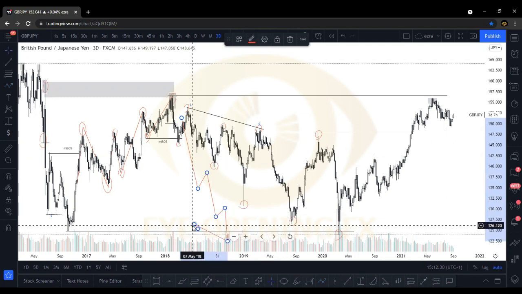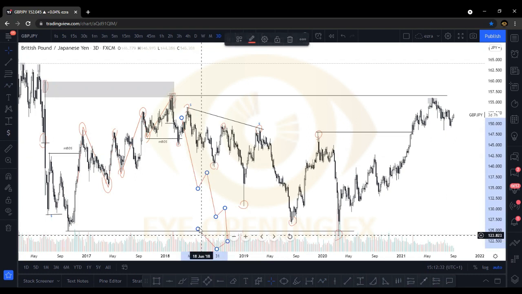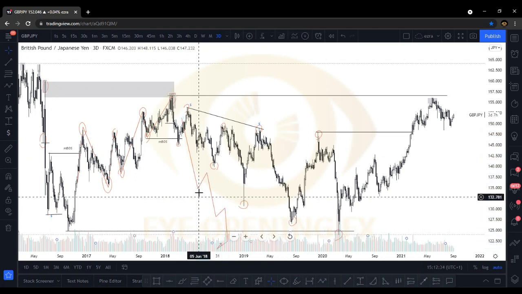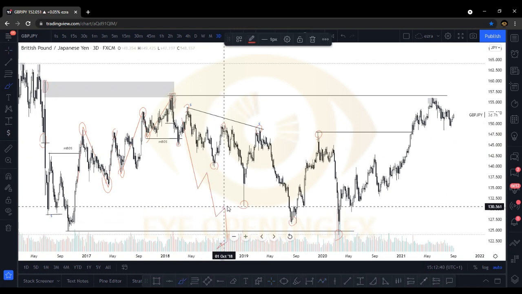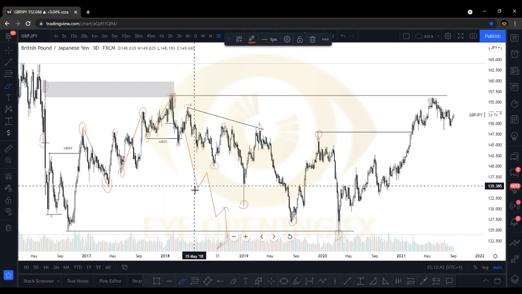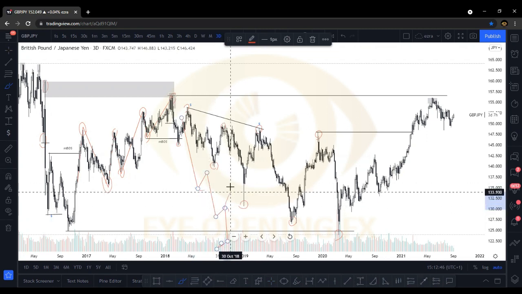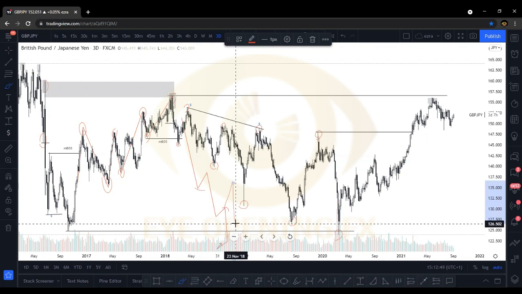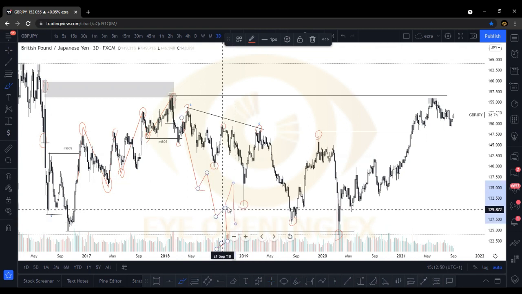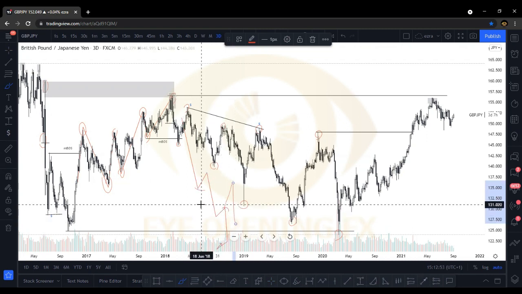From this area, you understand that the internal structure within this range is not balanced. This one and this one did not mitigate each other, or they did not touch well. They did not give a deep corrective wave within them. The reason why market will form this, we still teach it. Understand that.